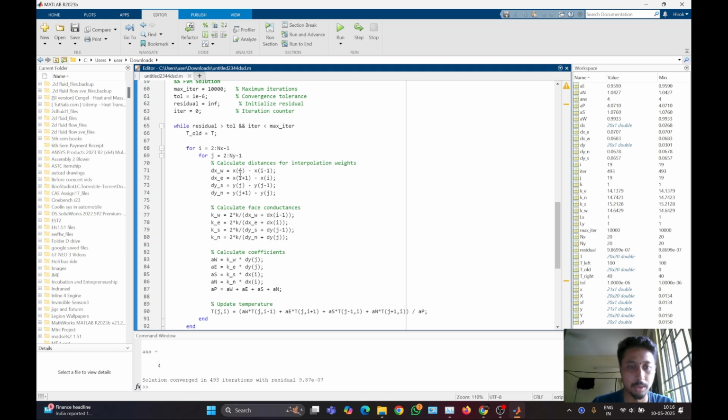For west, we have taken x of I minus x of I minus 1, with interpolation of the differences. Similarly, for east, we have taken the plus one direction, which is x of I plus 1 minus x of I. The south direction is similar to west, but replaced by j. And for north, it is similar to east, but replaced by j.